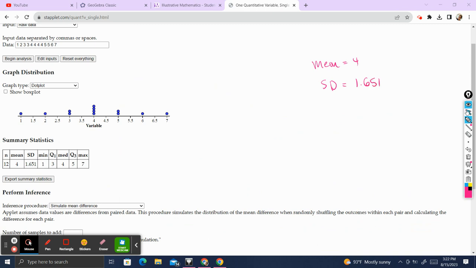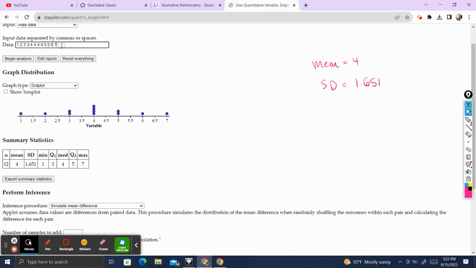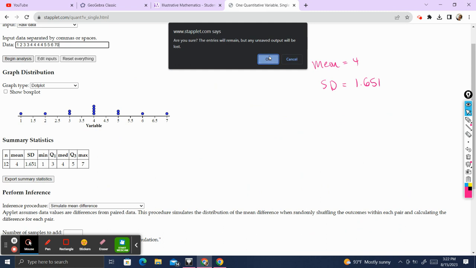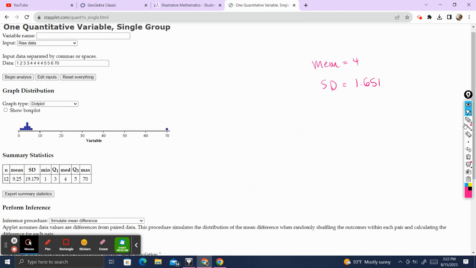Now, what the question is asking us is, what happens to the mean and the standard deviation of the set when a 7 is changed to a 70? We're going to take that 7, we're going to change it to a 70, and we are going to fix the analysis. So go ahead, we did that.